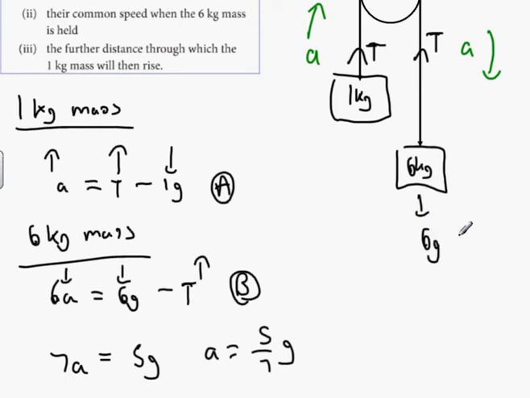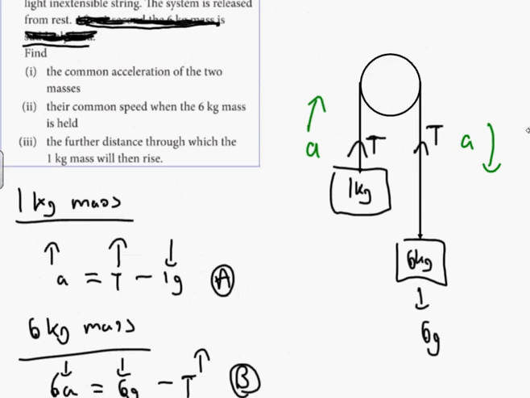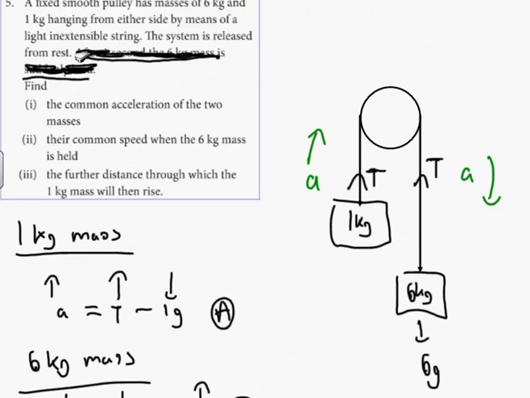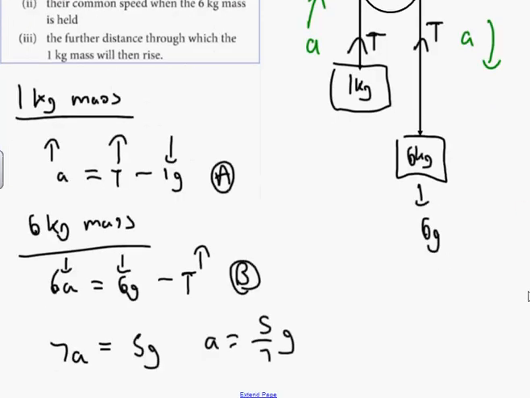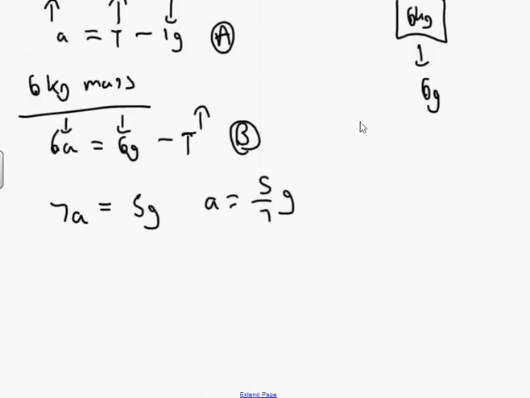Now, so we're going to look at what it says here. After 1 second, the 6 kilogram mass is suddenly held. So if we set up a UVAST system, it goes: find their common speed when the 6 kilogram mass is held. So their common UVAST system is that you start off from rest, U equals 0, V equals I don't know what, A equals 5 over 7g, common acceleration, S equals we don't know, and T equals 1.